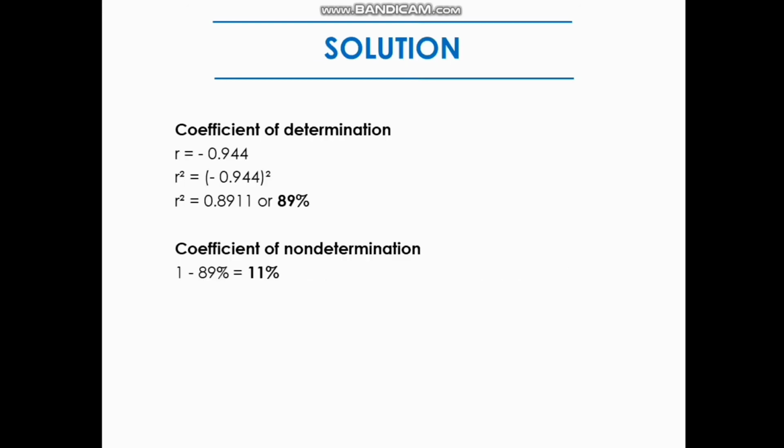Now let's solve. For coefficient of determination, r squared is equal to negative 0.944 squared, which is equal to 0.8911 or 89%. Then for our coefficient of non-determination, 1 minus 89% is equal to 11%.